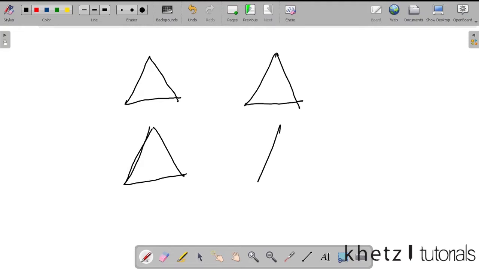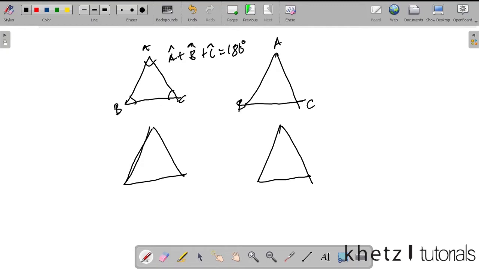The first thing which I expect you to know is if this triangle is said to be ABC, the sum of A, B, and C adds up to 180 degrees. So the angles of a triangle are supplementary. That is what that means.